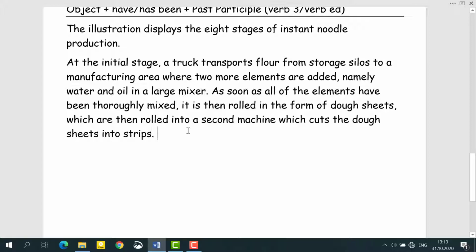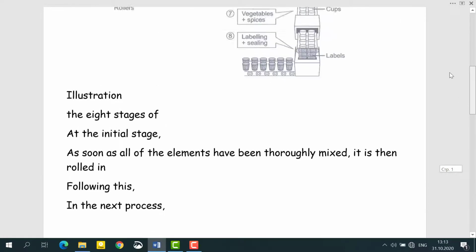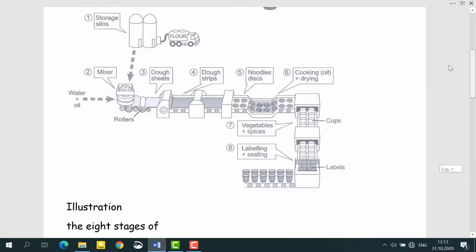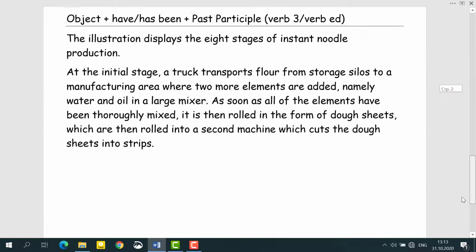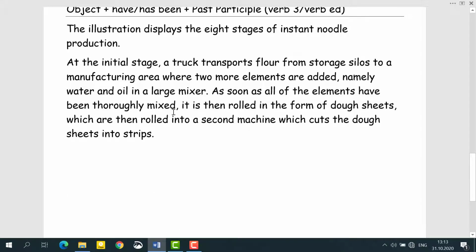Okay, next, now let's just look at this diagram again, and we'll be focusing on the next step. So here we have noodle discs. Okay, now how can we describe it? Let me show you. Okay, following this, they are then converted into discs.